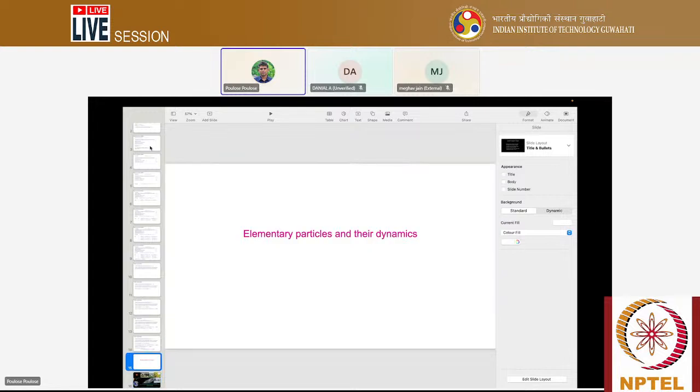And you are somewhat already familiar with what the elementary particle is from the course. I will give you some motivation for studying that and then give certain properties of it, which we could not cover entirely in the course. Some of these have good overlap, but there are things which we could not discuss in the course as well.